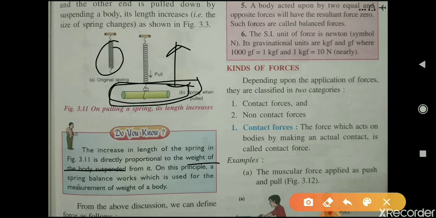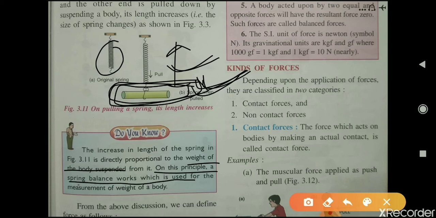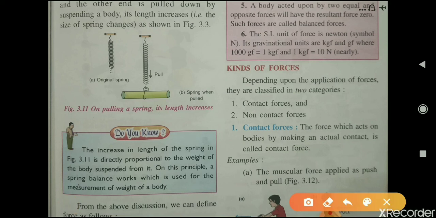Directly proportional means the more weight suspended on this spring, the more will be the increase in length. Okay. On this principle, a spring balance works, which is used for the measurement of the weight of a body. Means if more weight is suspended on this spring, the increase in length will be more, and if less weight is suspended on this spring, the increase in length will be small. Okay, there will be a small increase in length.